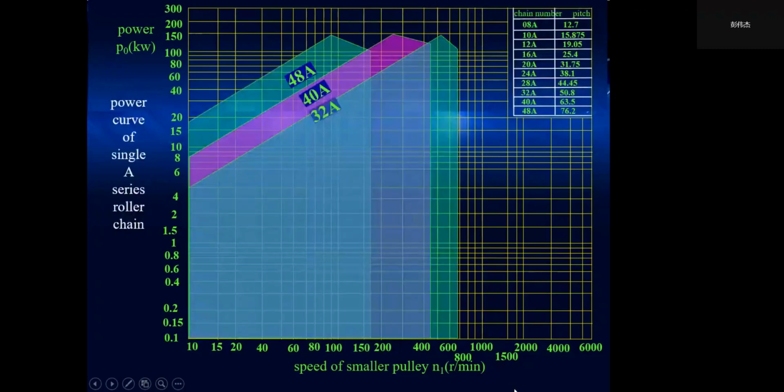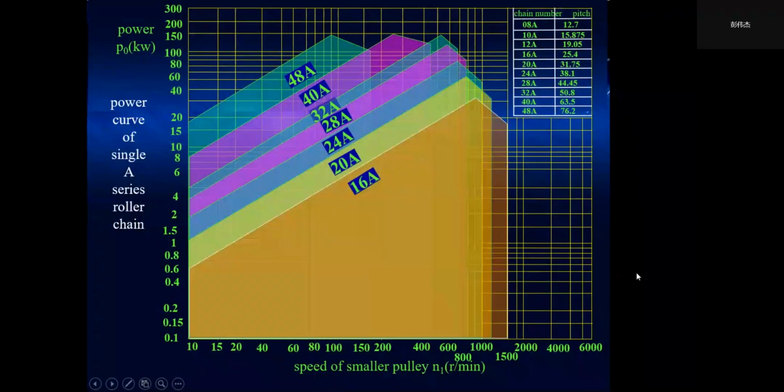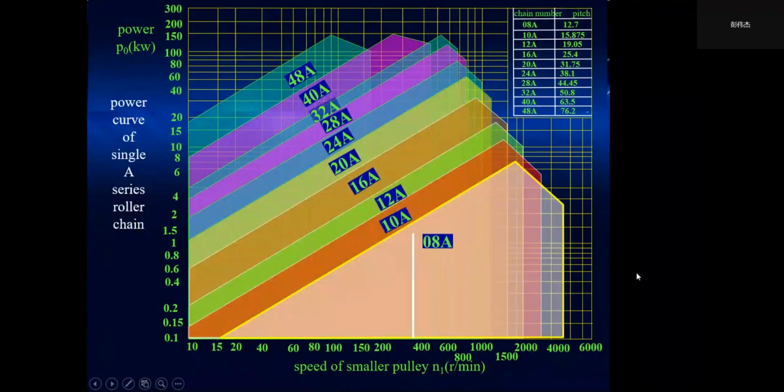And this is the selection diagram for chain drive. The vertical axis is the power P, and the horizontal axis is the speed of the driving sprocket n1.